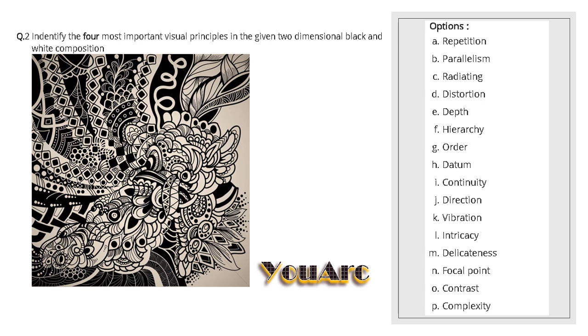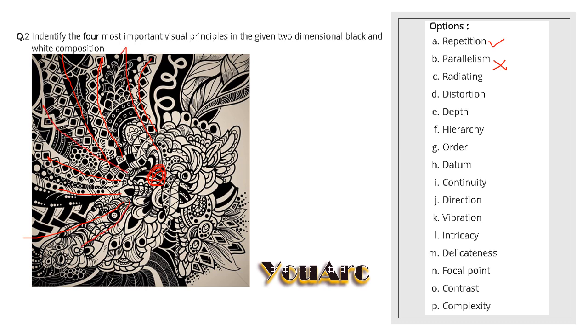Repetition. Yes, we can see the repetition here, these elements are getting repeated, right? You can see so many elements are getting repeated here. So repetition will be answer. Parallelism. Parallelism is two lines which will not intersect. We don't have any parallel lines here, so the answer would be no. Radiating, yes, we can feel something is radiating from here, right?